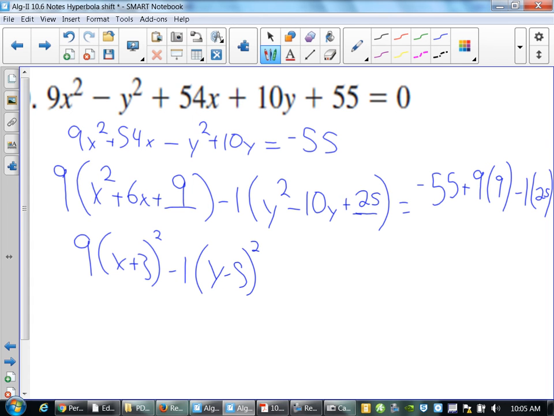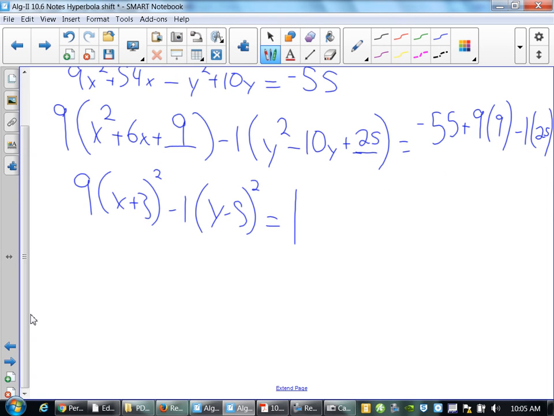So we have negative 55 minus 25, I believe, is negative 80. Negative 80 plus 81 is 1. Nice. It's divided by something, because it's 9 and negative 1, so it's not sweet.